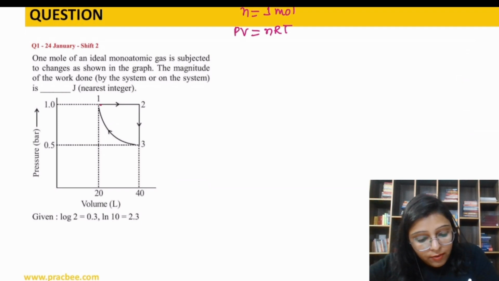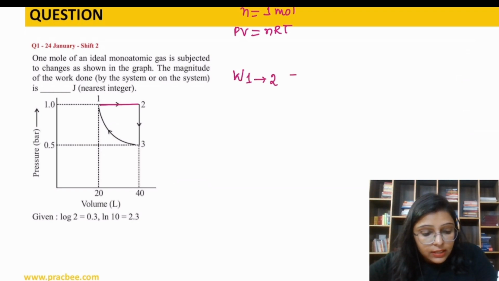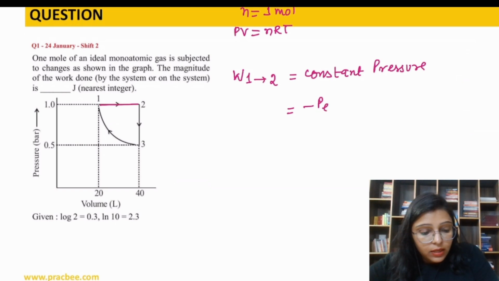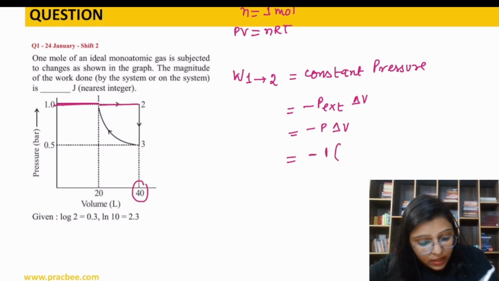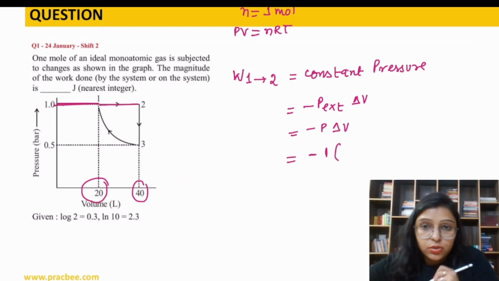So first we have the 1 to 2 path. So work done for the 1 to 2 path is at constant pressure. So we can say that work done is equal to minus P external delta V, or minus P delta V. So minus P, pressure is equal to 1, and delta V: here V final is 40 and V initial is 20.